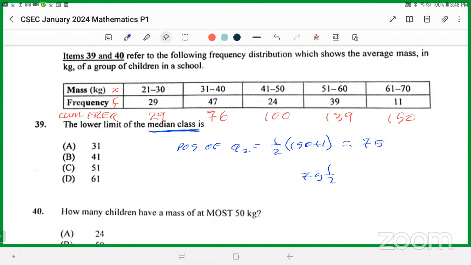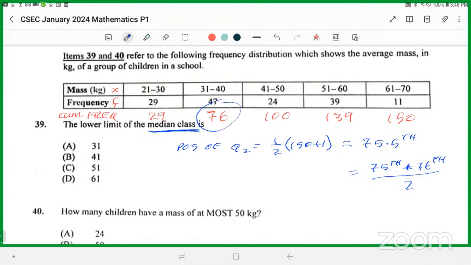So the 75.5 term. What does that mean? The 75.5 term is the average of the 75th term and the 76th term. There's an even number of values, so you go to the middle and take the average of the two middle values.